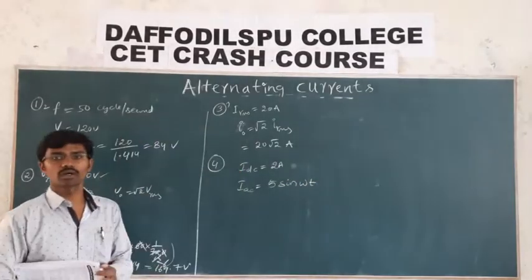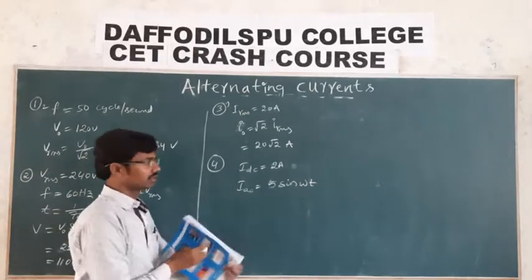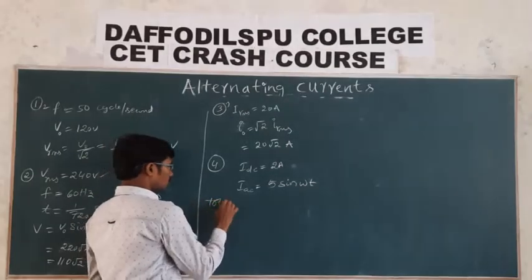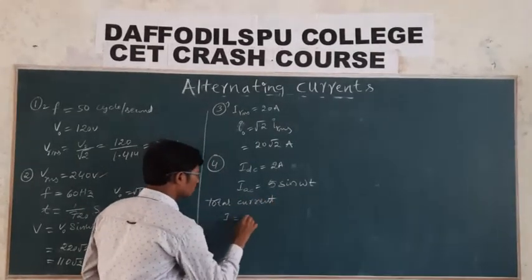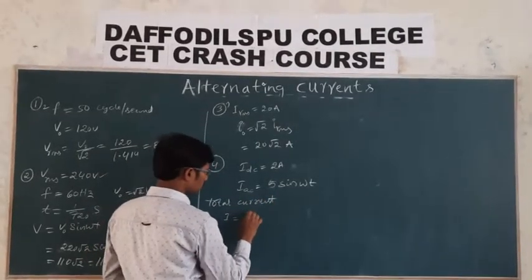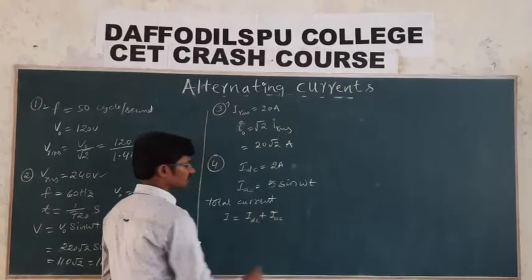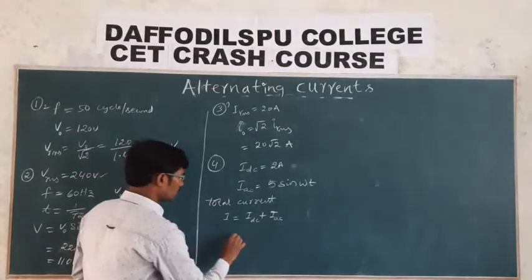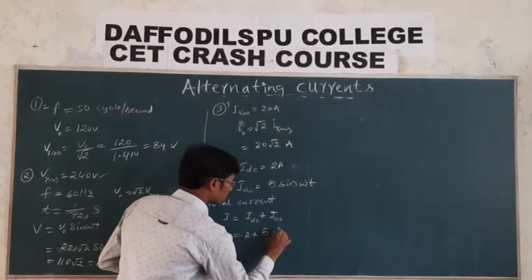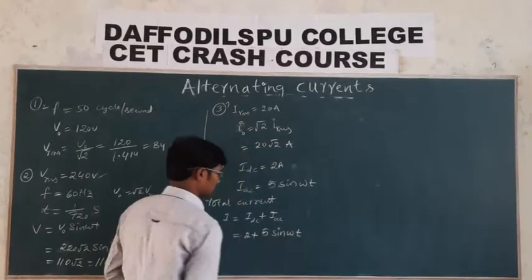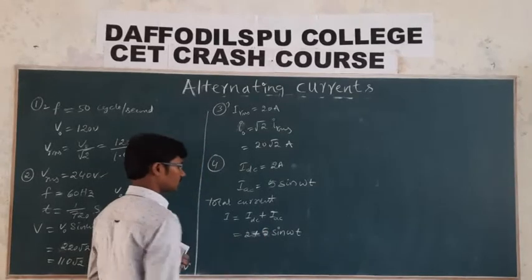But remember, what is the total current? Total current is nothing but the sum of the DC current and AC current. So total current I is equal to I_DC plus I_AC, that is 2 plus 5 sin omega t.